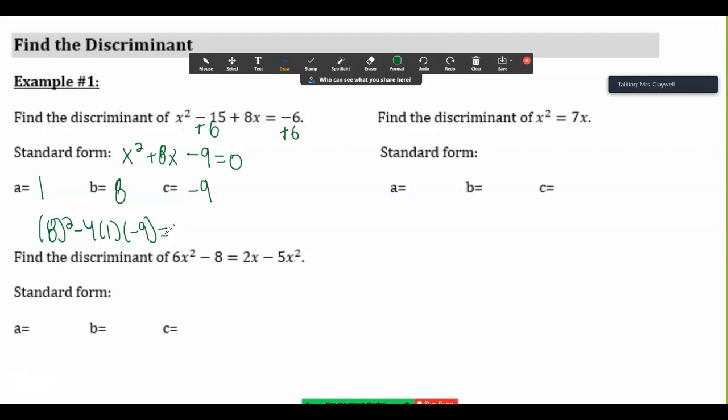And this allows me to see what the discriminant is.